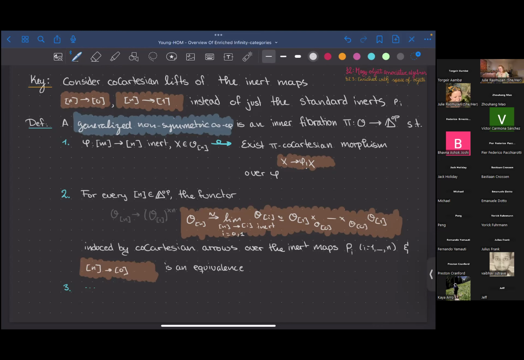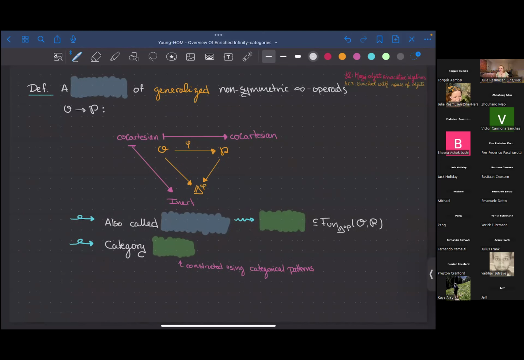And we just define morphisms in the same way as before. So a morphism of generalized non-symmetric infinity operads from O to P is again a commutative diagram such that co-Cartesian lifts of inerts are mapped to co-Cartesians. And we call these again also O algebras.